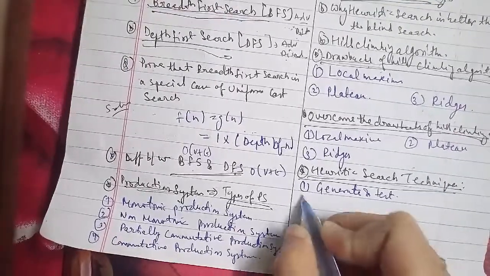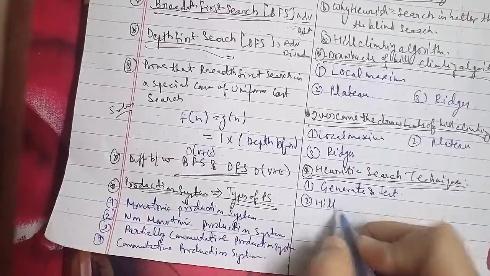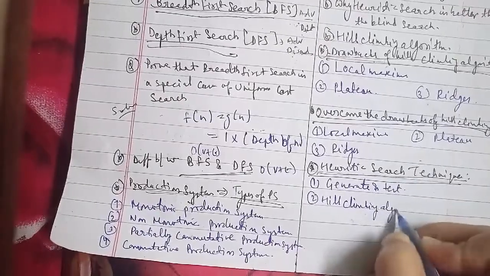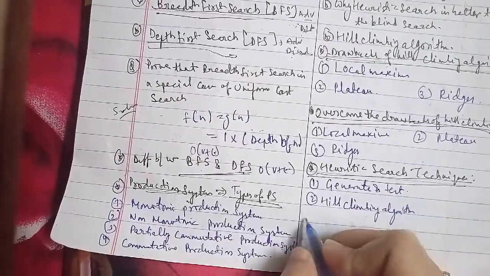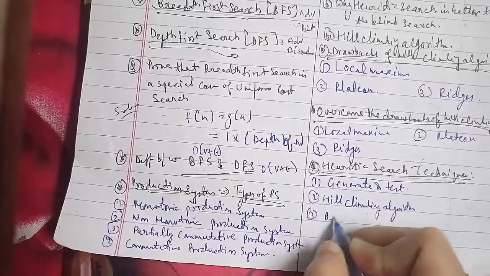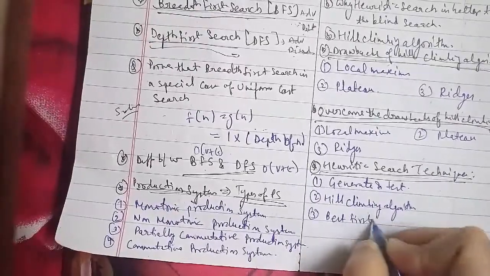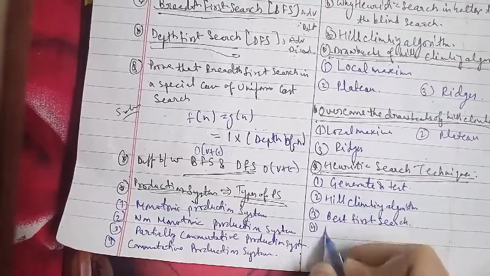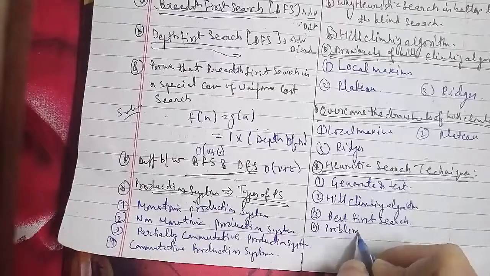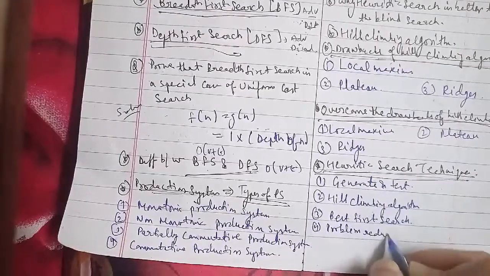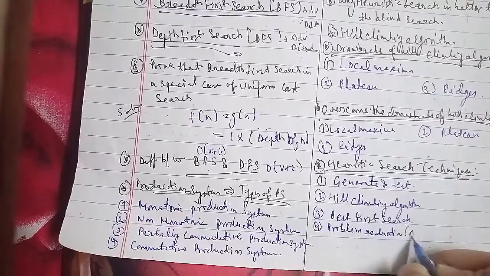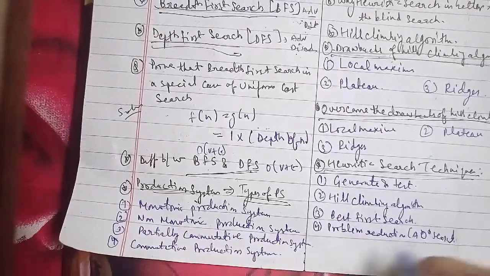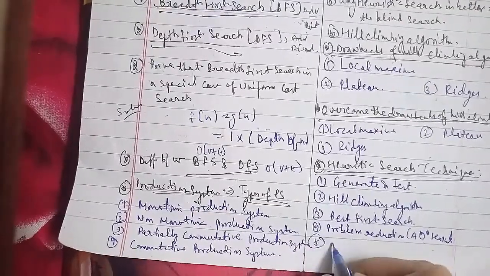The fourth we have problem reduction, that is AO* search. The fifth we have is the A* algorithm. The sixth we have is breadth first search, and the seventh we have is depth first search.